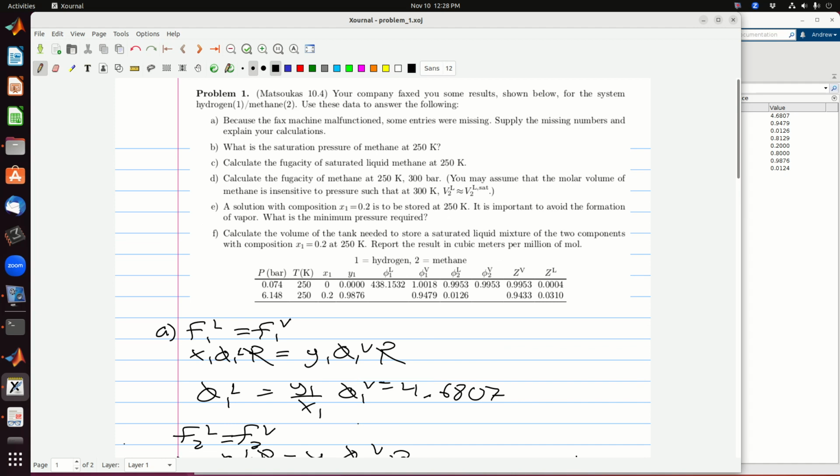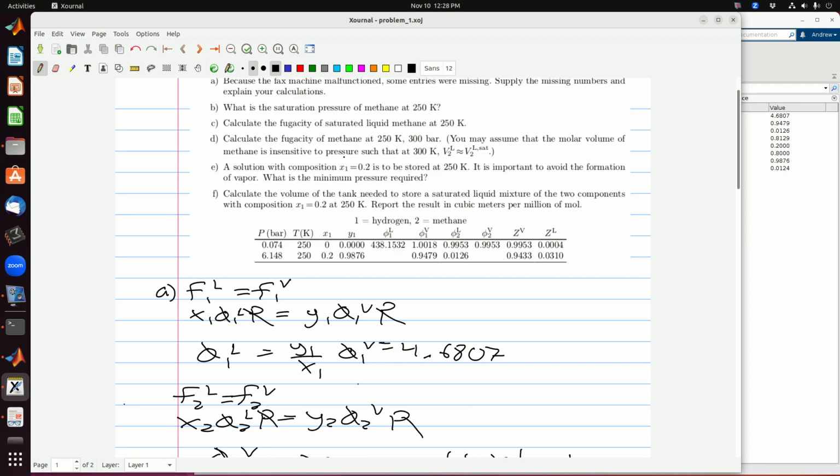Now C, calculate the fugacity of saturated liquid methane at 250 Kelvin. So how I'm going to interpret that is if I look at my first row, I have methane at vapor-liquid equilibrium. And what I want is the fugacity of my saturated liquid, so my liquid phase.